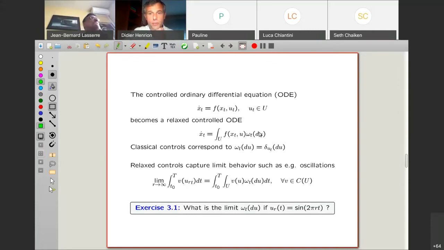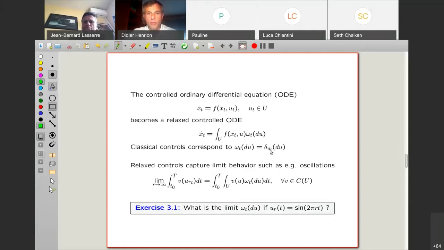So now it's just a variable of integration, and the integration is with respect to omega t on capital U set, support of the measure. So you see that when I do that, I can still retrieve what I had before with a particular choice of omega t being the Dirac measure at ut.